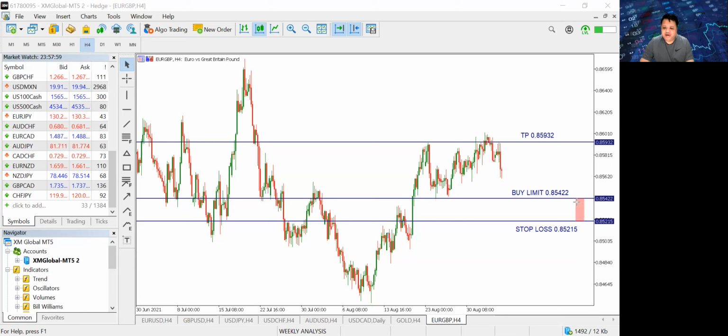And your reward is a possible 50 pips. So you have more or less 1:2 na risk reward. Alright? So not a bad trade. Okay. So let's check the other trade ideas.